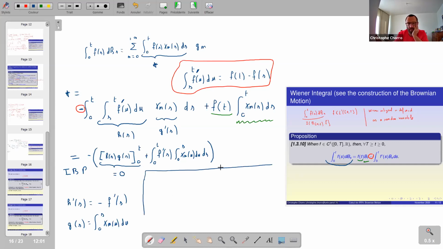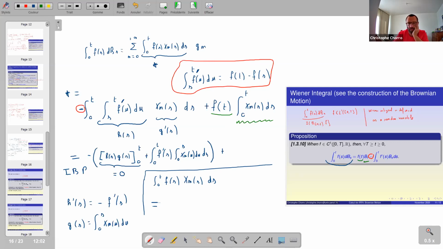what I obtain is that the integral between 0 and t of f of s Kn of s ds is equal to what? I use what I have obtained here, the term in green.